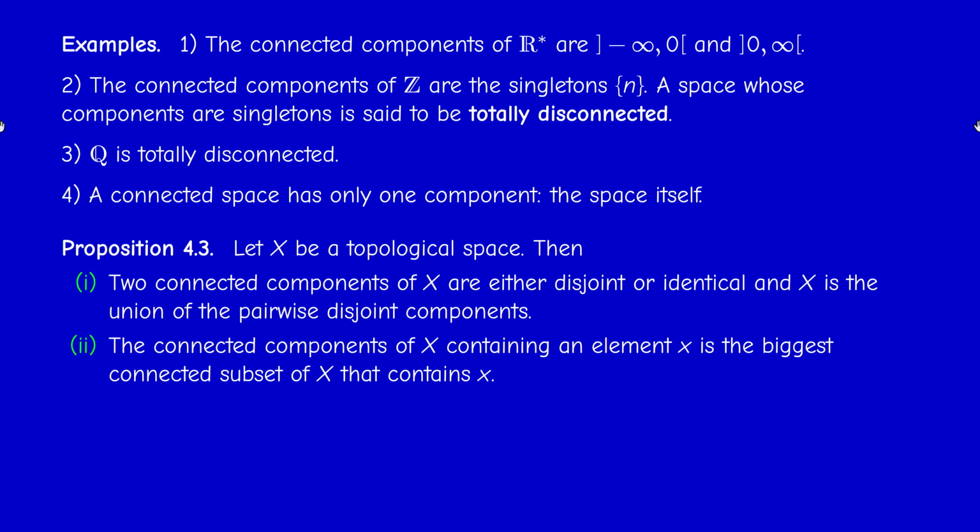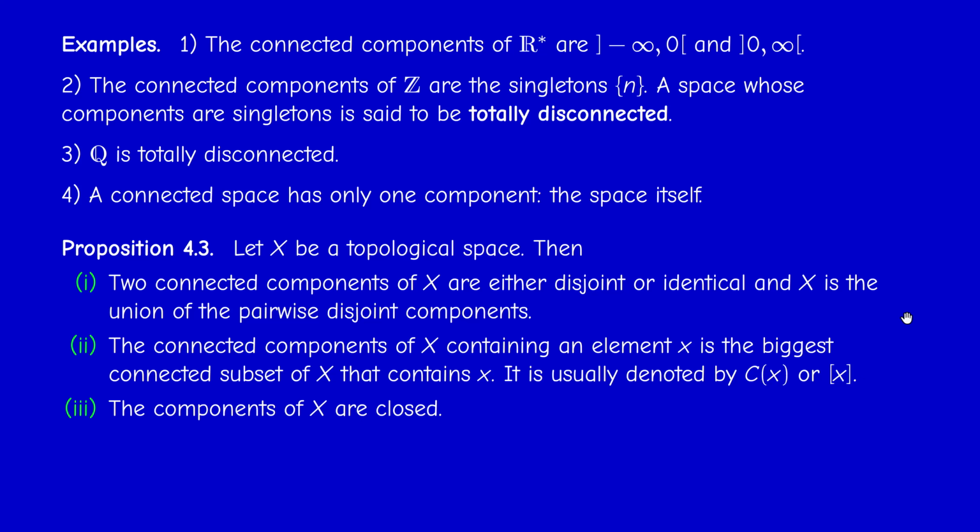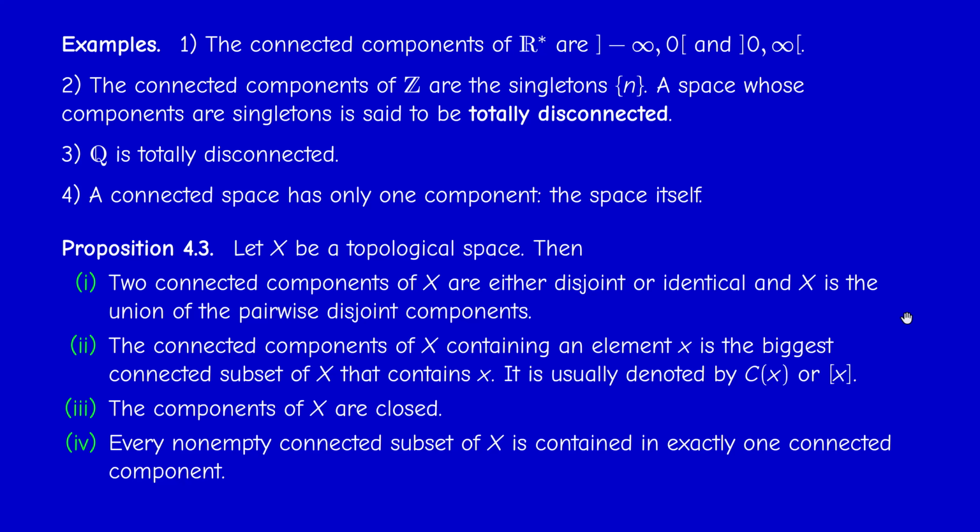Second property, the connected component containing an element x is the biggest, with respect to inclusion, connected subset of X that contains x, as expected. It is denoted by C(x), or [x] for a class, because it's really a class. The components of X are closed, but not necessarily open. And every non-empty connected subset of X is contained in exactly one component.